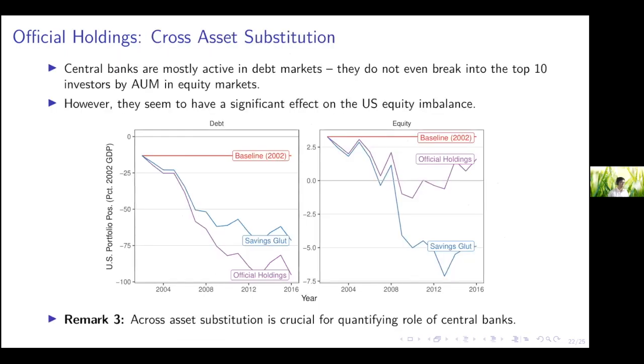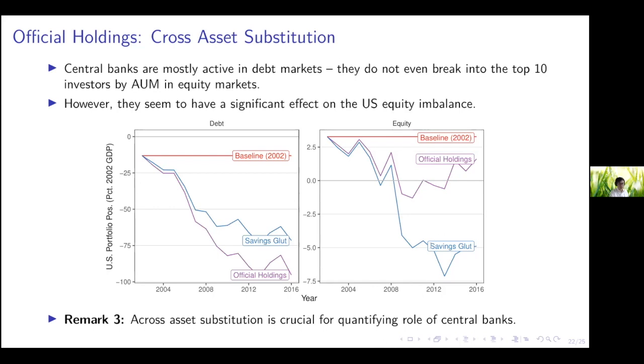Now, central banks are mostly active in debt markets, so this next result is a little bit shocking, I think. First, we should note that in the data, they don't even break into the top 10 investors by AUM in equity markets. However, if you look at the decomposition between debt and equity imbalances, you can see a significant effect on the US equity imbalance from these official holdings. In the debt market, you get a picture that's very much like the overall position.